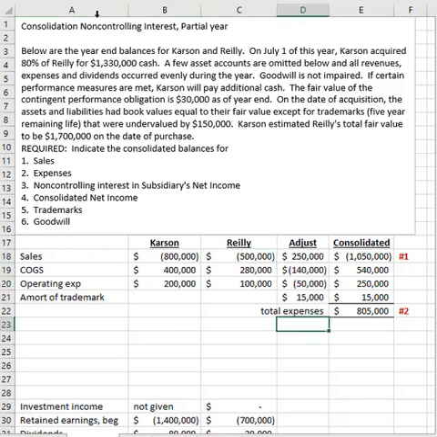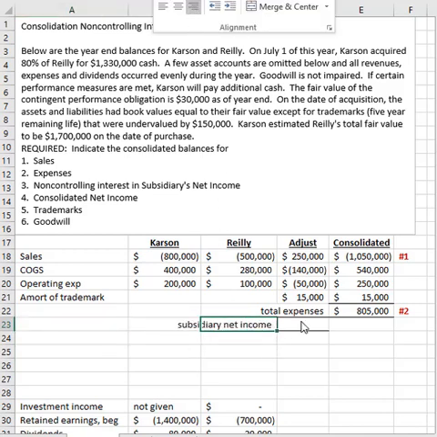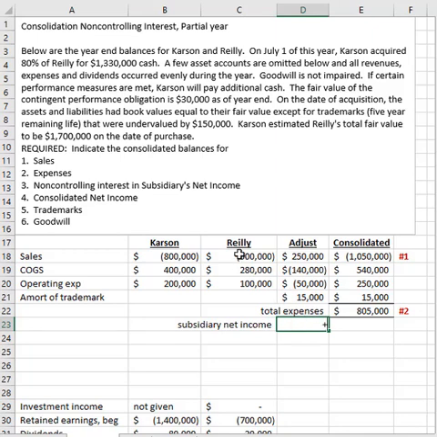So sales less sales taken out, expenses less expenses taken out, plus that additional expense.